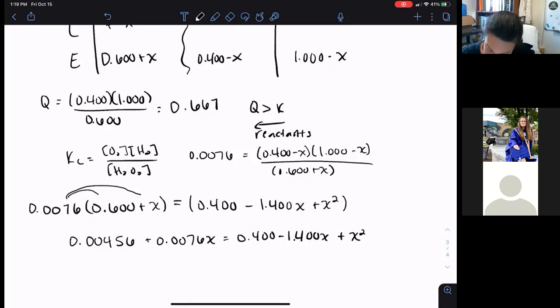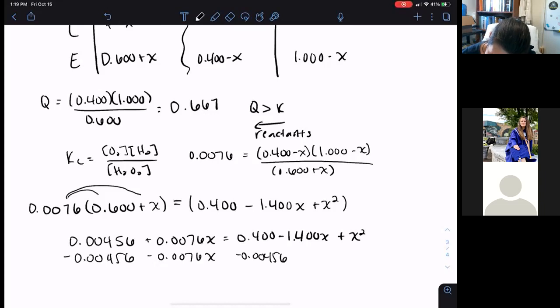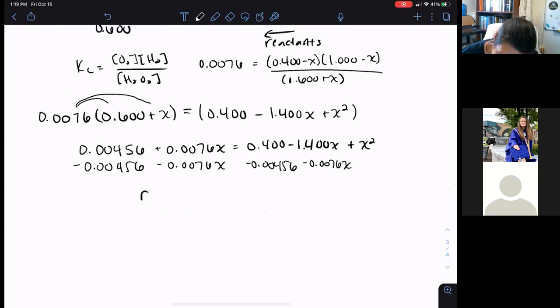We want to get everything on one side, so we're going to subtract 0.00456 from both sides. And we're going to subtract 0.0076x. That will give us a 0 on the left side.